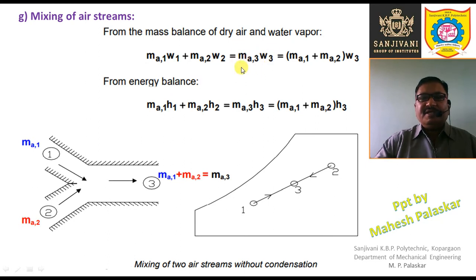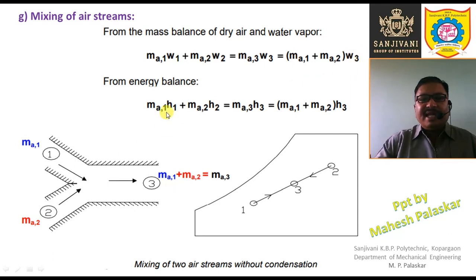And Ma3, we have seen, is equal to Ma1 plus Ma2. So this Ma3 is the total mass, the sum of the individual masses, and omega 3 is the specific humidity of the mixture.